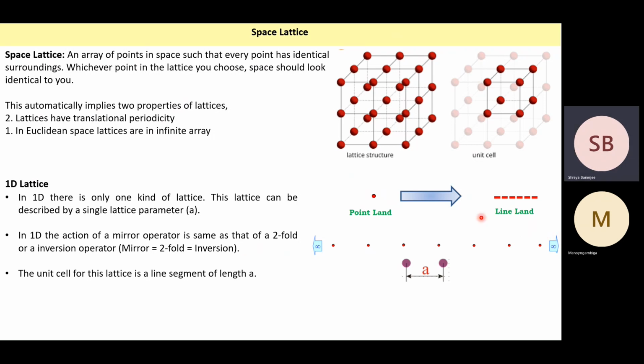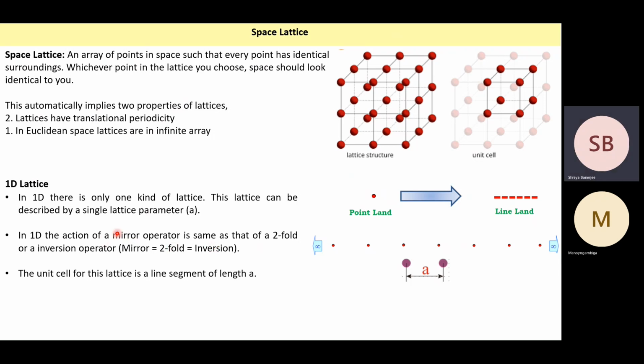So a 1D lattice is formed by infinitely repeating a point along a single axis, in both the positive and negative directions. This lattice can be defined by a single lattice parameter A, which is the distance between two lattice points. So knowing A is enough to define the whole lattice.